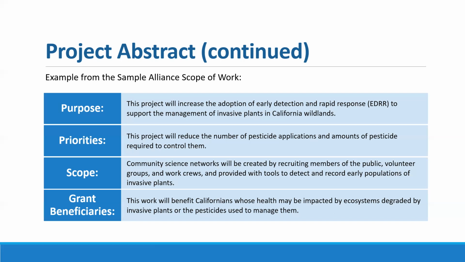And I just want to make a side note here that the eligibility requirements of both of our programs, so both our Alliance grants and our research grants program, do require that work benefit Californians. So I really encourage all of our applicants to be mindful of that and recognize the importance of clearly stating how your project will benefit Californians at the end of the day.